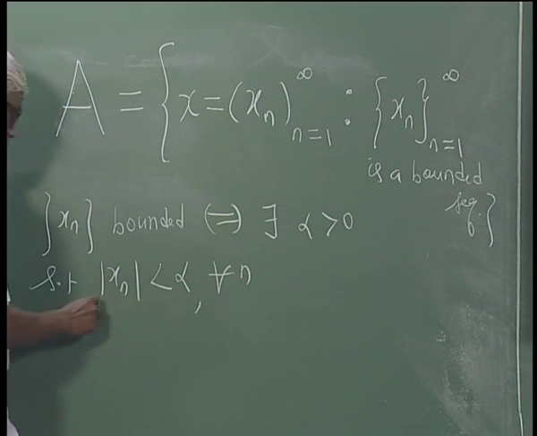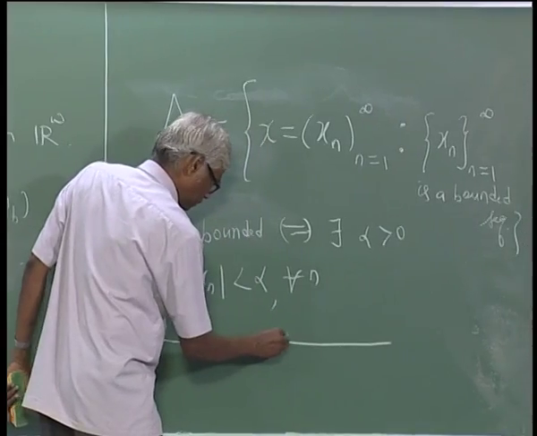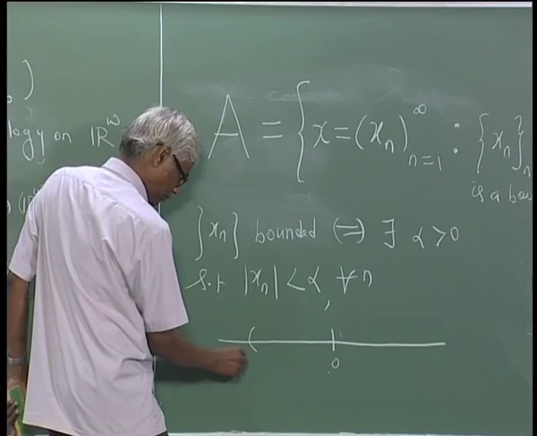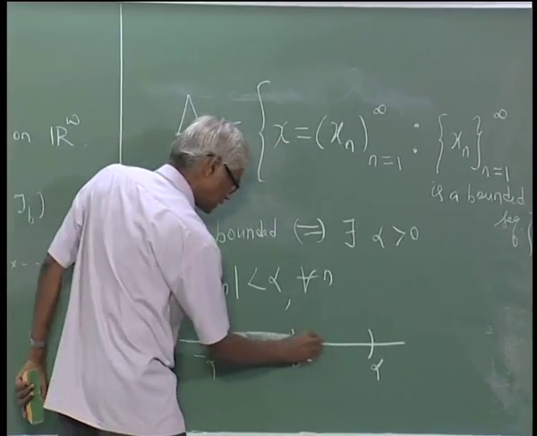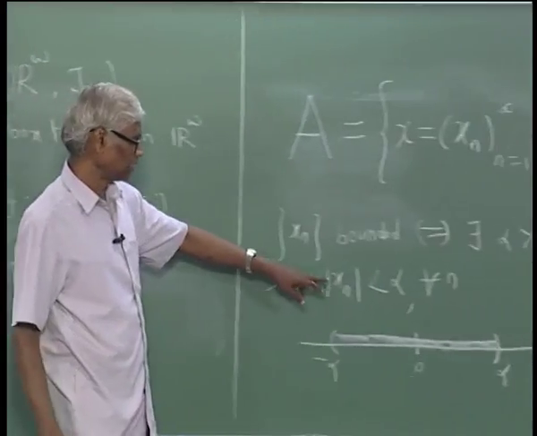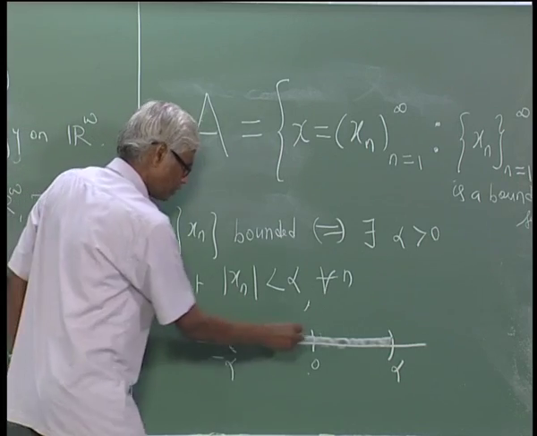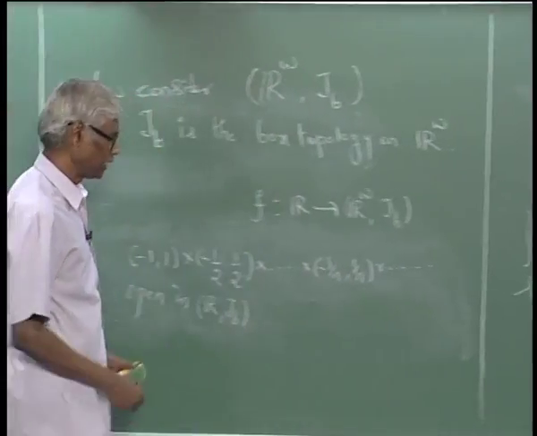In fact, it does not matter whether we write less than α or less than or equal to. So, this means we consider the real line, α is positive, so -α here and +α here, all the x_n's will lie in this open interval. Then we say that x_n is bounded. In fact, it is inside some open sphere, or in this case an open interval.